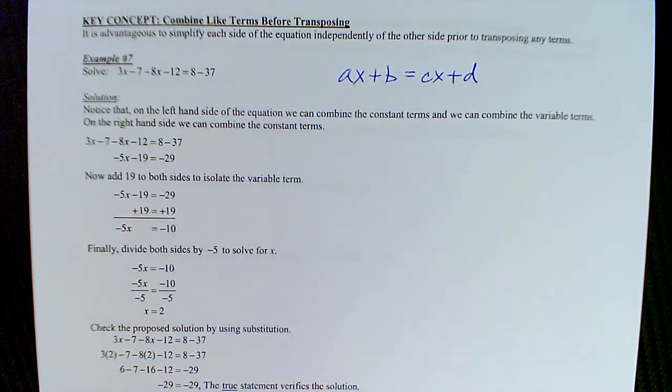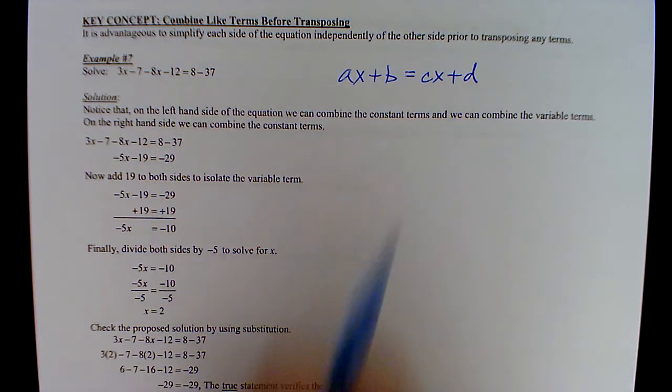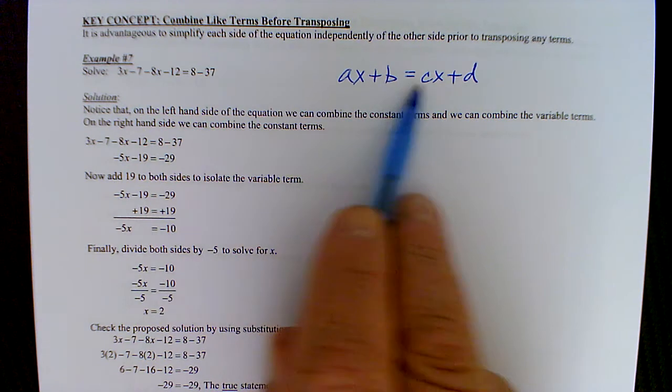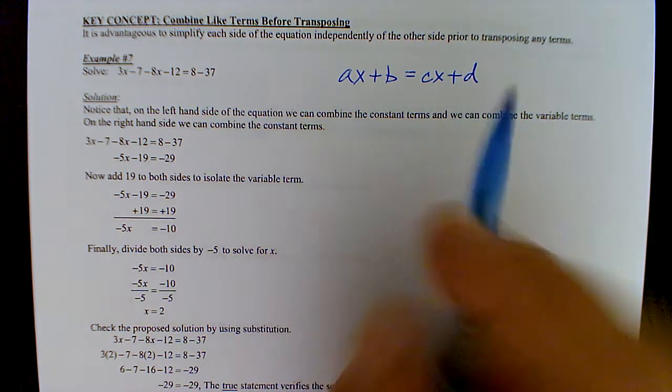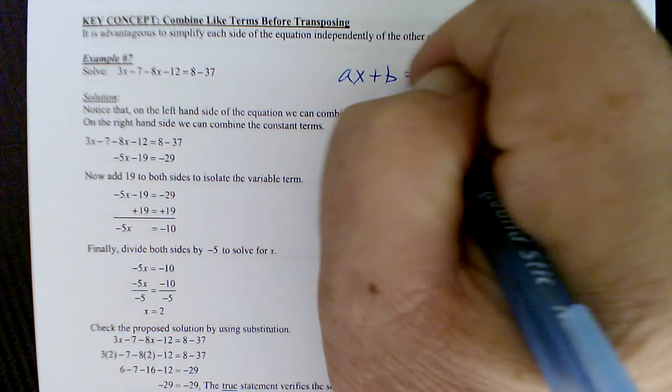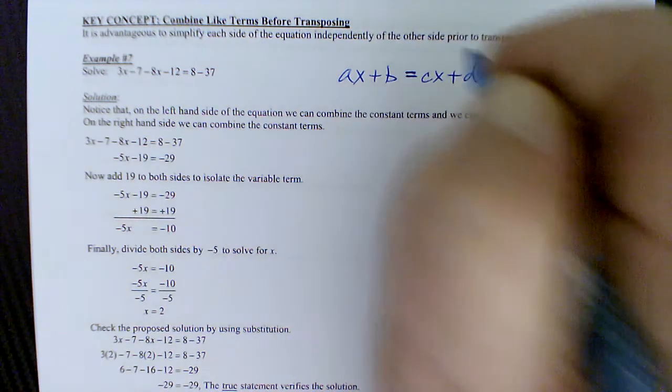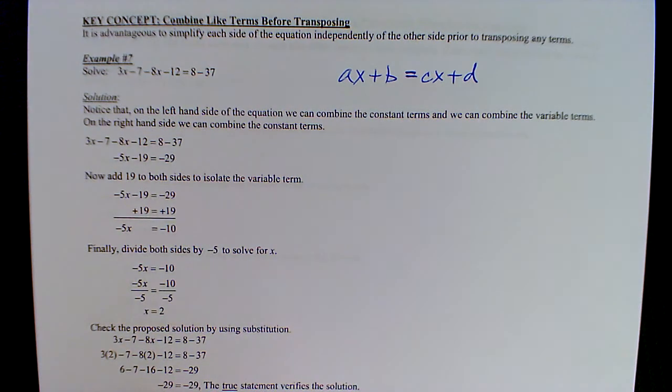That is something like the last example where you had variable and a constant equal to a variable and a constant. If you see more than 2 things on either side of the equal sign, that means you can combine like terms on that particular side.